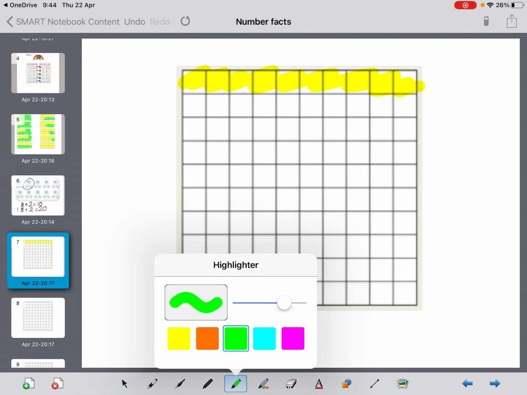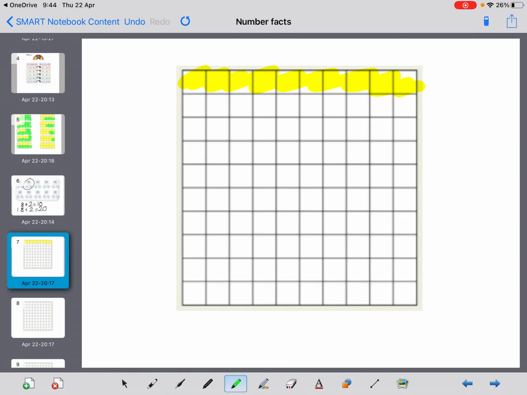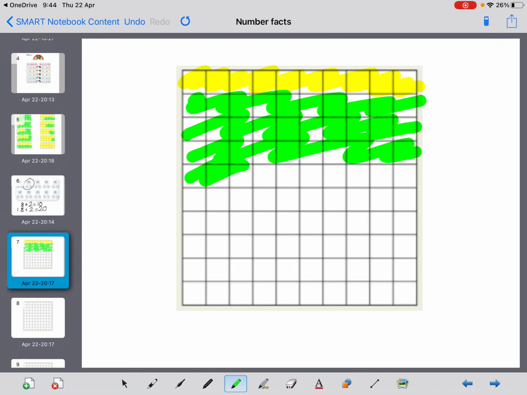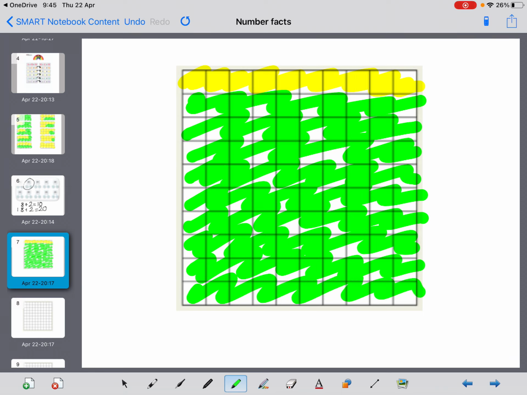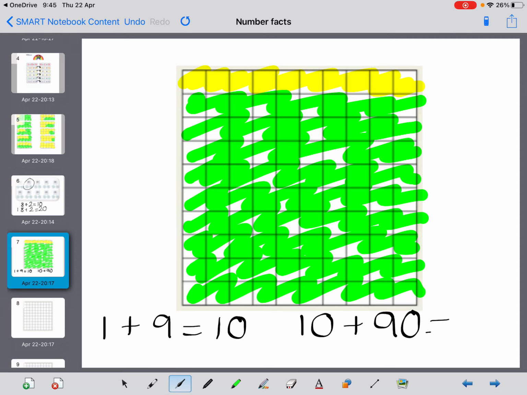So that would be 10 yellow and 10, 20, 30, 40, 50, 60, 70, 80, 90 green squares. Now I know that 1 and 9 make 10. And here I've shown 10 yellow squares and 90 green squares make 100.